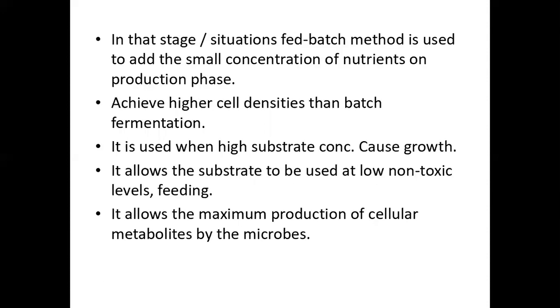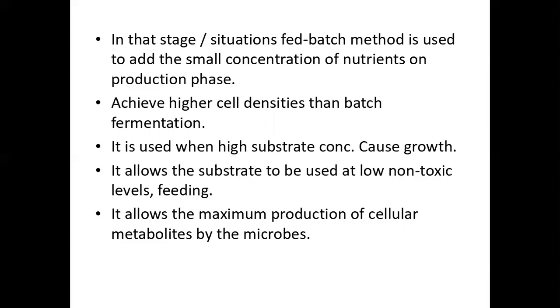So in such stages, a small concentration of nutrients will be added to the medium. By this addition it will achieve higher cell densities than batch fermentation. Okay, so cell densities will increase in this fed batch culture compared to normal batch fermentation.